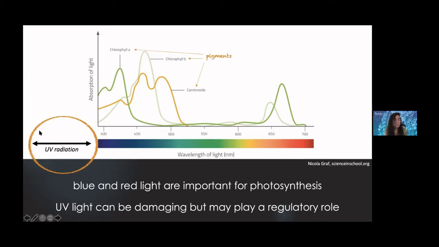These are all pigments, and we'll talk more about those. UV light in general is thought to be damaging. It can certainly be damaging, but there's increasing evidence that it plays regulatory roles too. And so that's something to keep in mind with these results.